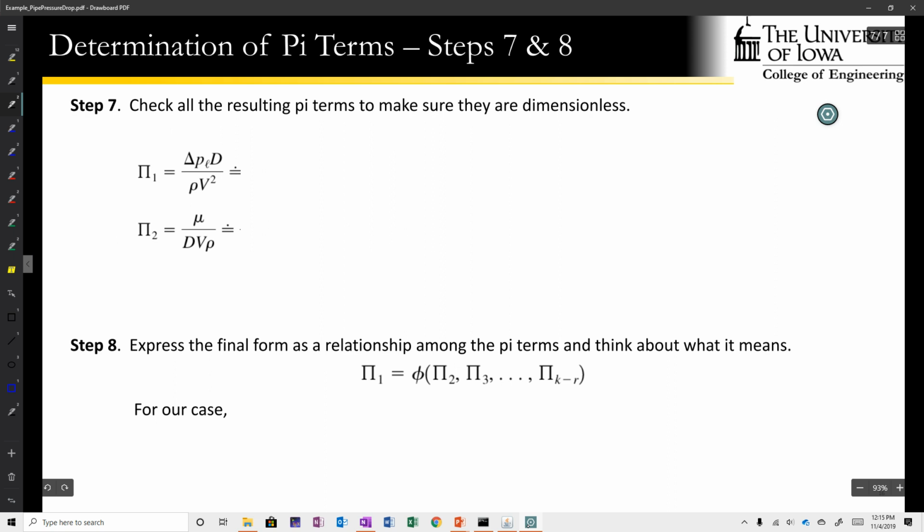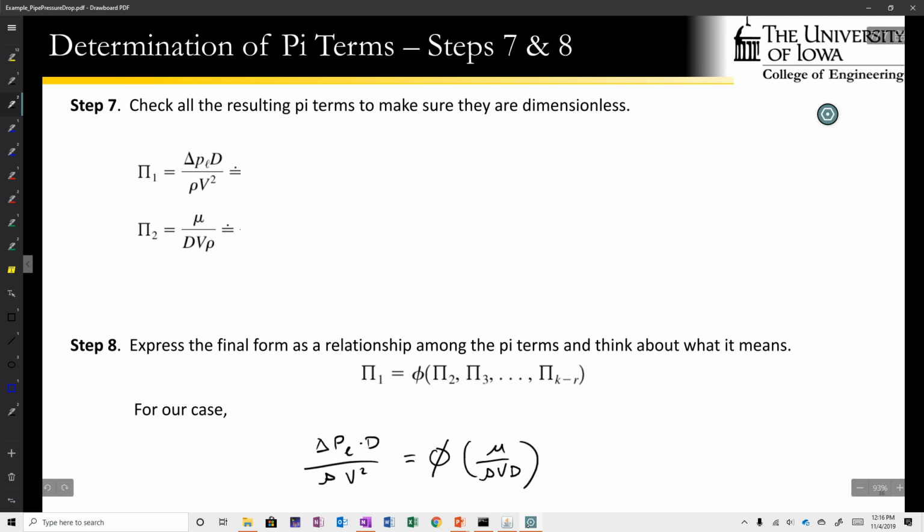And so our new expression becomes that delta p sub L times d over rho v squared is equal to some function of mu over rho v d. And here's where we say if it's a function of this number, then it is also going to be a function of that number's reciprocal.